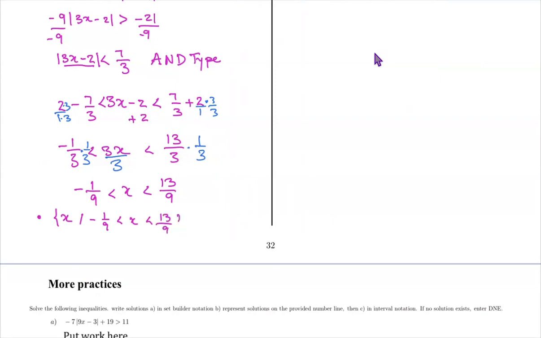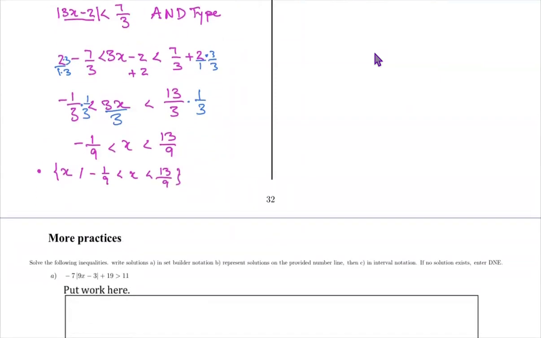So that's the set builder. On the number line, I'm just going to choose the numbers. So say this is 0, plus it, that's going to be negative 1 over 9. Let's assume that's 13 over 9, right?